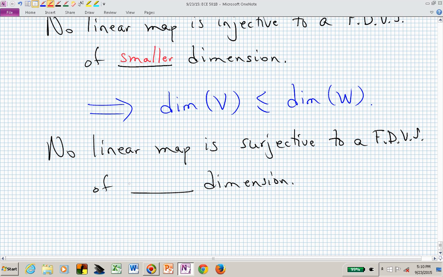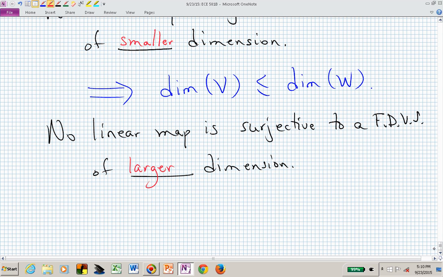Now, if we want our map to be surjective, it can't be going to a larger dimension. And what does that imply about the relationship between the dimension of V and the dimension of W? Now we know that the dimension of where we're headed needs to be less than or equal to the dimension of where we started. We can't get larger.